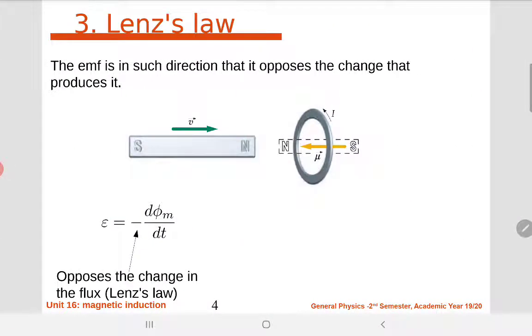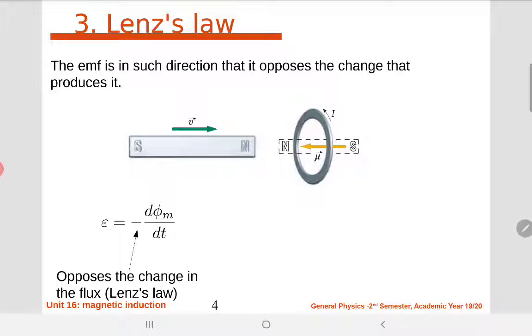So here we have the same example. We have the same ring and we have the magnet. If we move the magnet closer to the ring, the amount of magnetic field lines that cross the surface will increase.